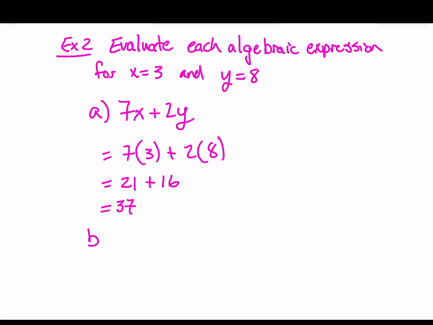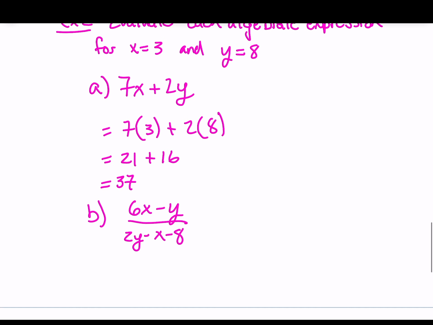Okay, let's try another one. Same values for x and y, except now we have 6x minus y over 2y minus x minus 8. So we'll proceed in the same way. We'll plug in 3 for x and 8 for y.